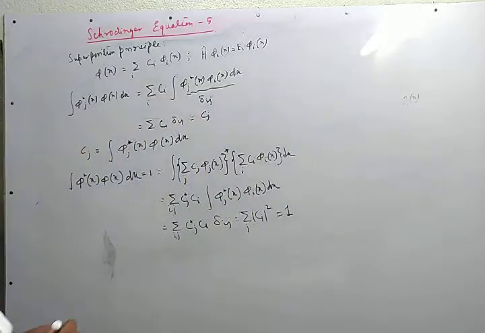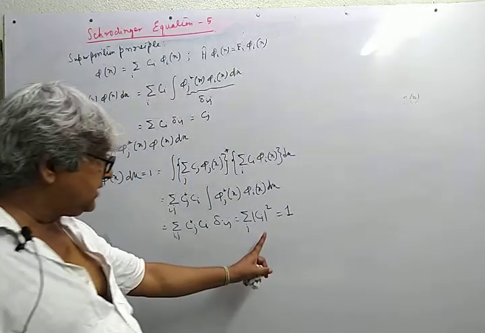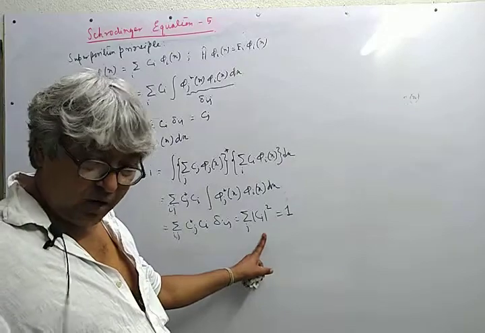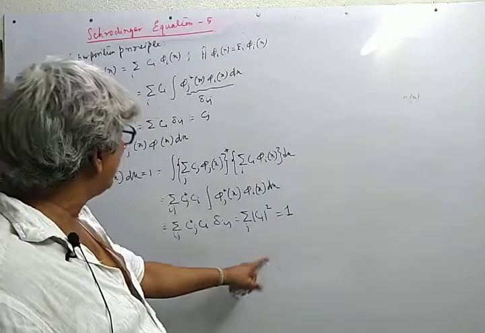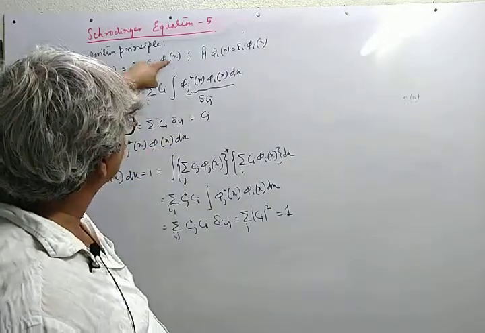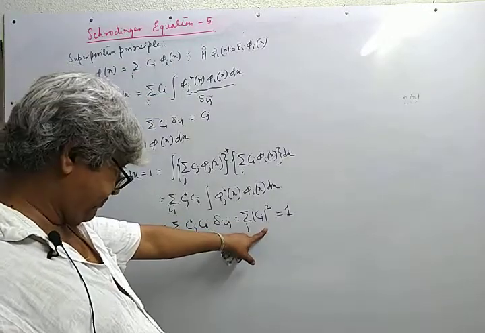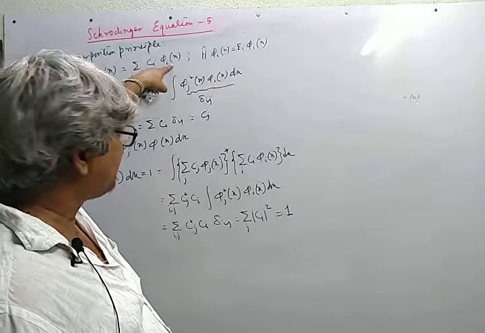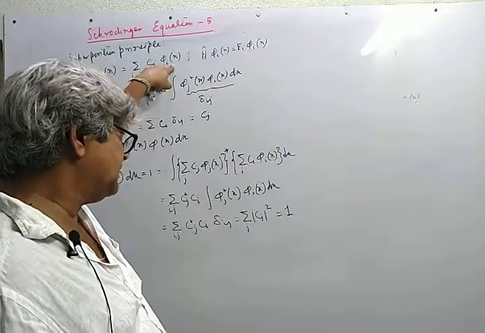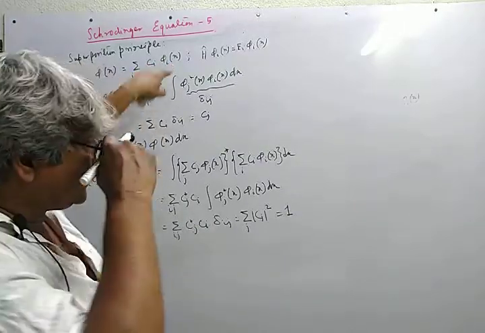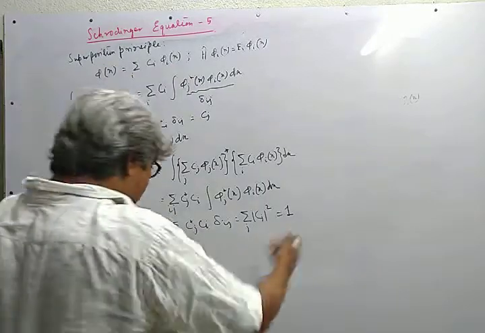So we may say that C1 modulus square is the probability of finding the particle in the state phi 1. Similarly, C2 modulus square is the probability of finding the particle in the state phi 2. So the sum of the probabilities is 1.